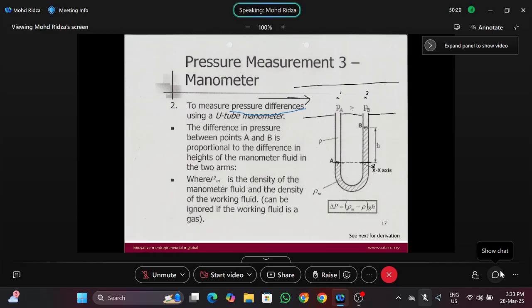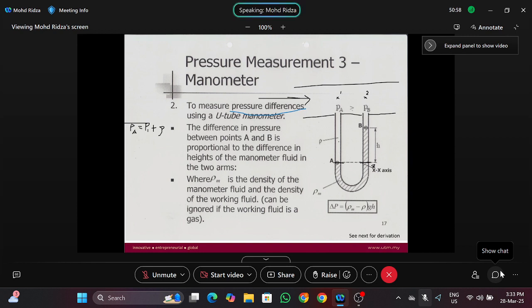So now, what is PA? So PA must be equal to, let's pick a point. Let's pick point 1 here, because in the end, we want to know the pressure difference between point 1 and point 2, right? So let me pick point 1. PA equals P1 plus rho g h. Rho of what? Density of what? We are talking about this liquid here because point 1 is here, point A is here.